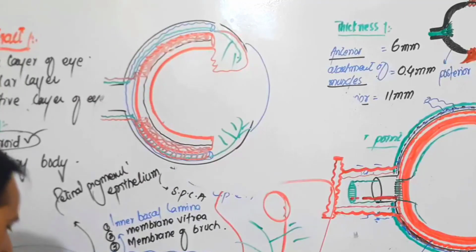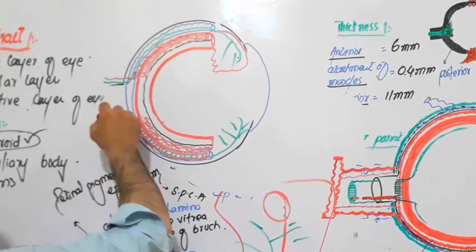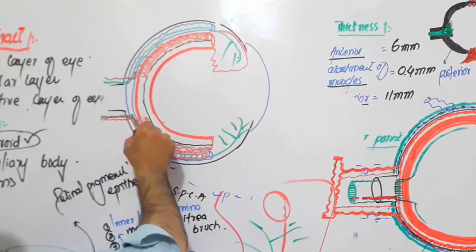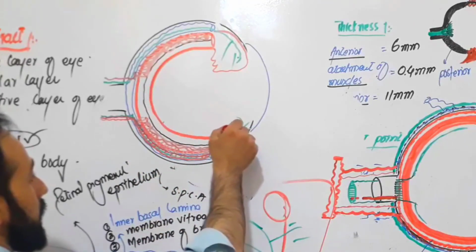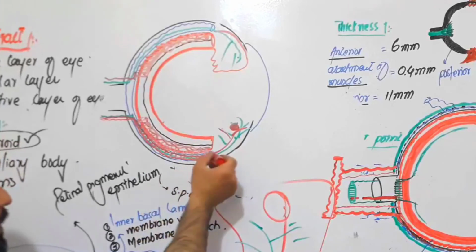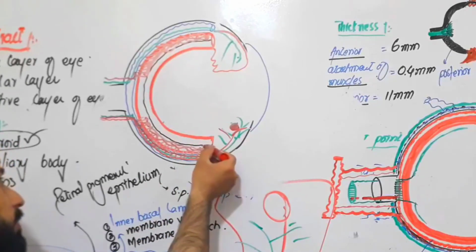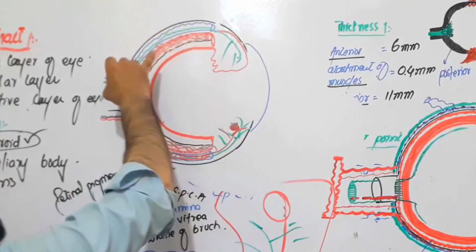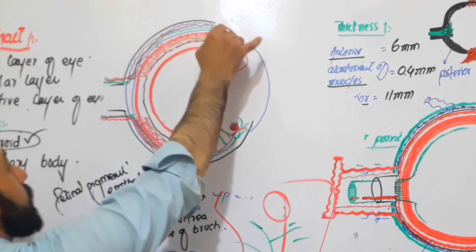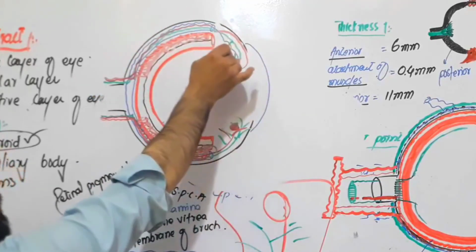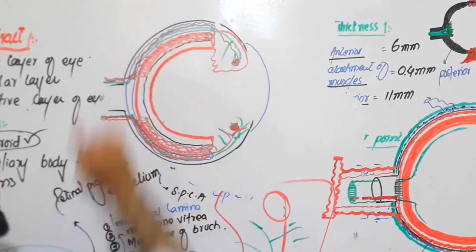Done. Then the long ciliary artery enters in the suprachoroidal lamina and goes anteriorly towards your ciliary body, and from here some recurrent branches come and supply the anterior parts of your choroidal layer like this. So this is your long ciliary artery and it gives some branches like this.